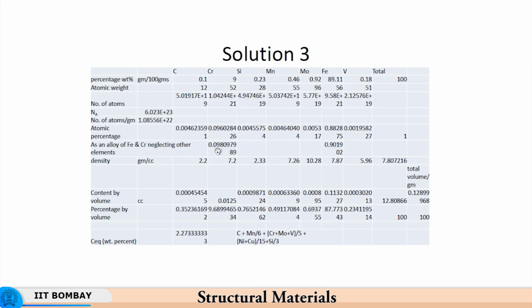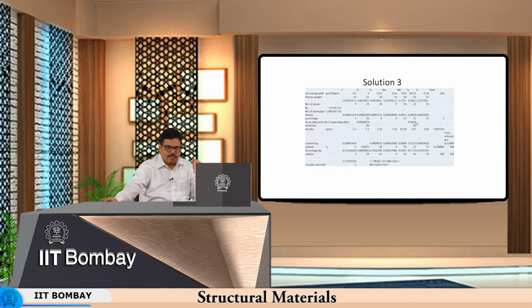So how to convert weight percent into atomic percentage, that is the thing. So here you see that it is 0.098, so 9.8%, and here it is 0.9019, that is 90.19%.